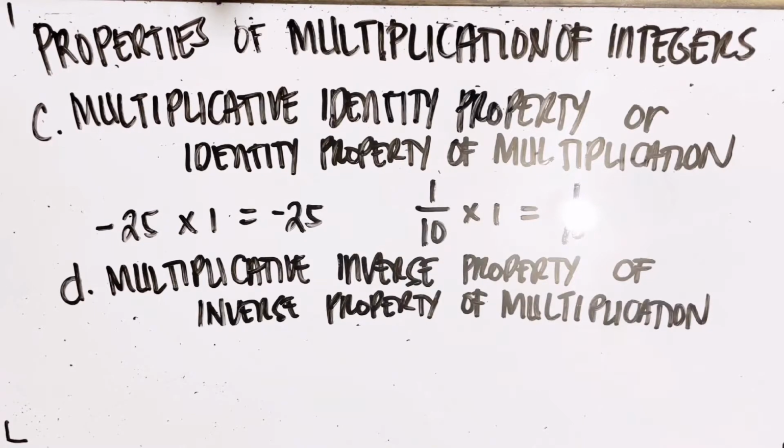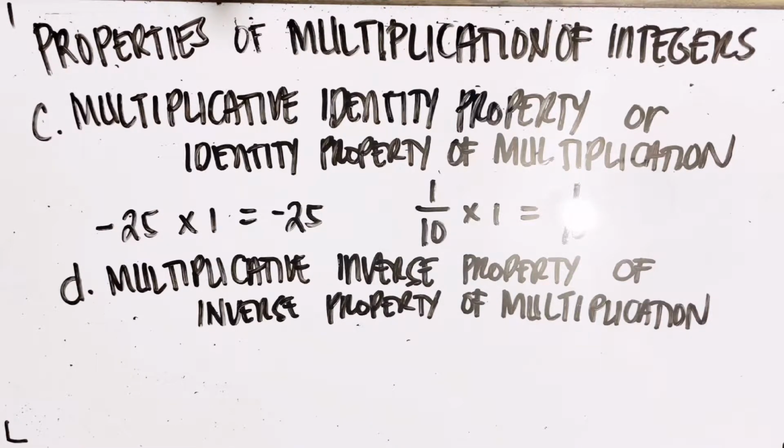So, multiplicative inverse property or the inverse property of multiplication states that the product of the number multiplied with its reciprocal, it is equal to 1.